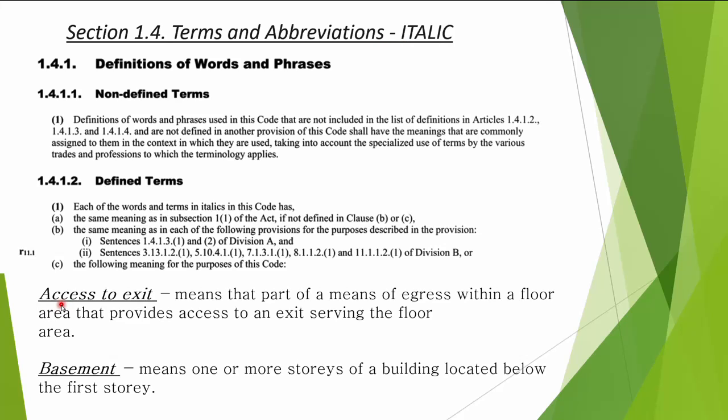It's slanted. Or basement, or house, or even occupancy. That means that when you read those words, they have a specific meaning, and in order to find that meaning, you turn to the Building Code Act. For example, basement means one or more stories in a building located below the first story.